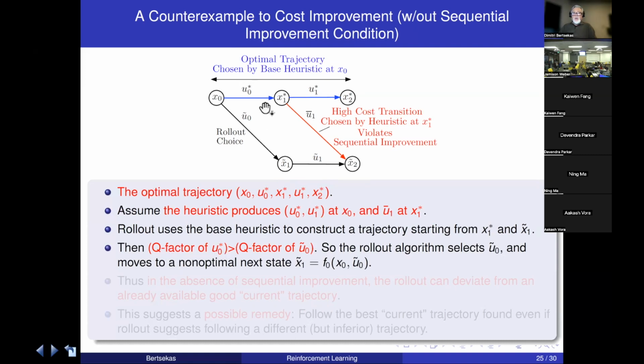The Q factor of u0 star, because of this transition, is larger than the Q factor of u0 tilde. So the rollout algorithm selects u0 tilde and moves to the non-optimal next state.